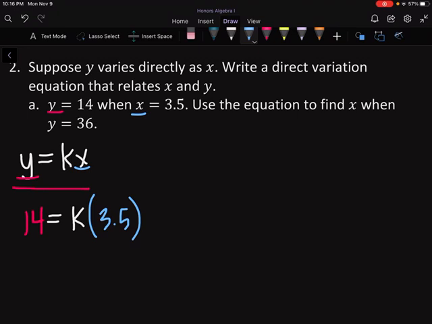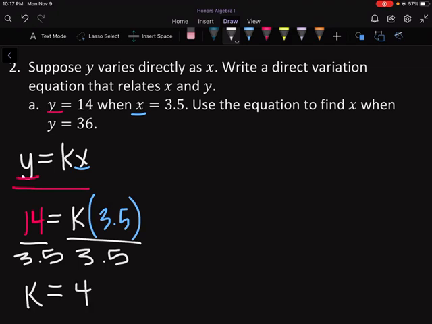And then if we solve that, I believe k is 4. And you should also have your calculators out, right? So k is equal to 4.